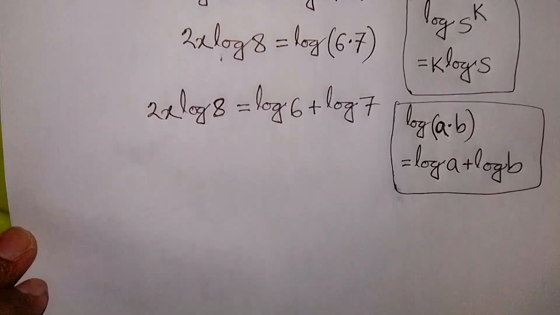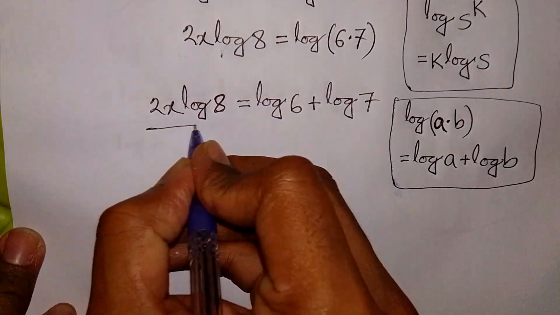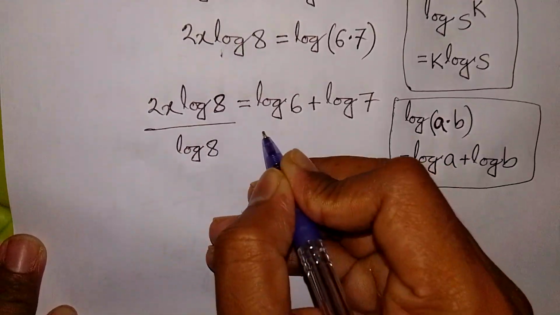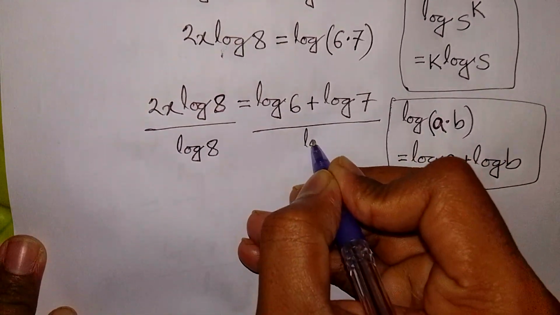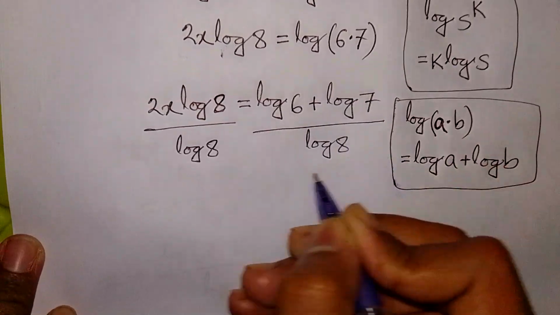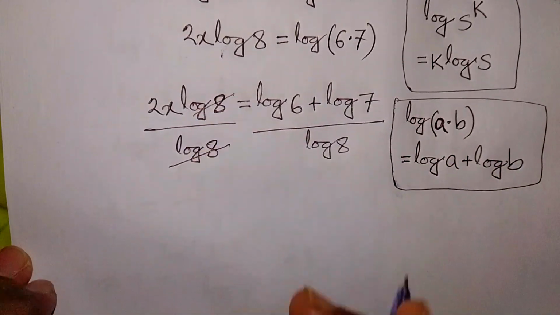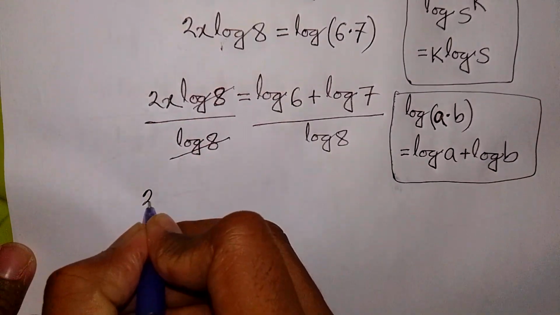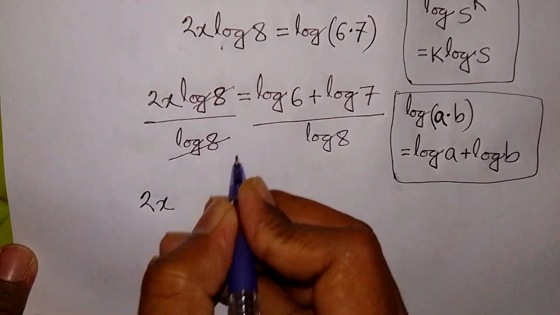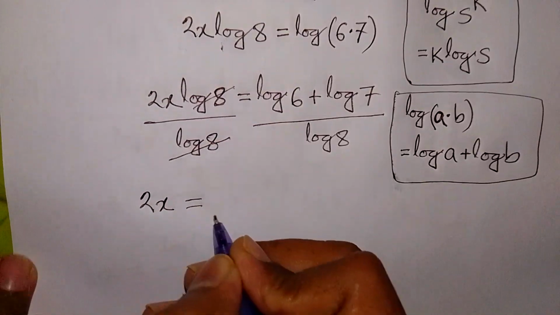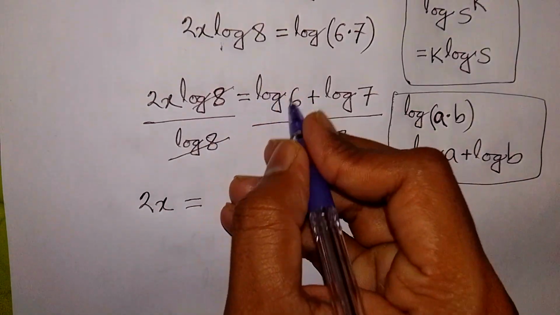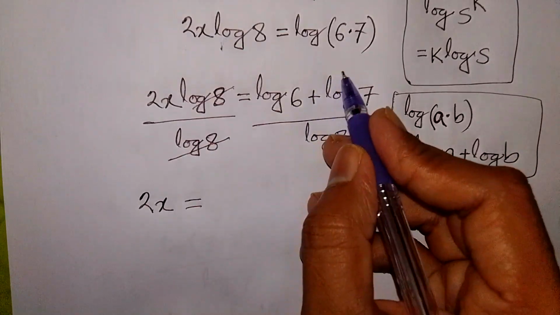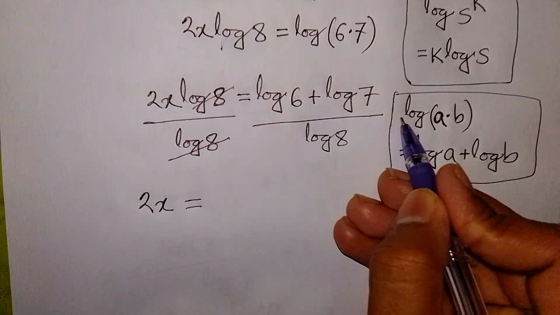Now we divide by log 8 on both sides. This log 8 will be cancelled out. Now I can write here 2x is equal to this part over log 8, then plus this part over log 8.